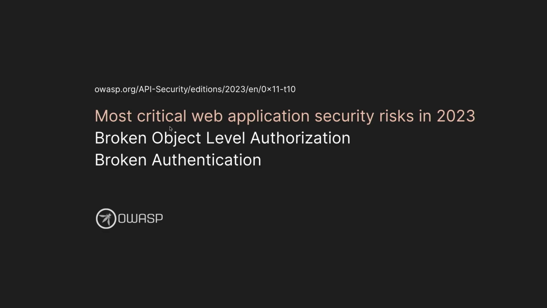So in 2023, and this is for many years running actually, the top 2 most critical web security risks are associated with broken auth. So it's broken object level authorization and broken authentication. So we have been consistently bad as an industry at getting this right. And it just goes to show that it's very easy to get auth wrong.